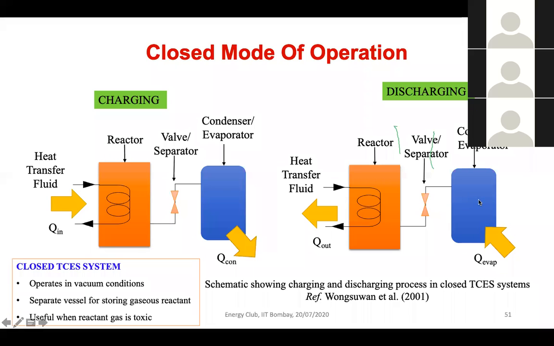Now this water will evaporate and go into the reactor, which now has SrBr2 without any water. This water coming from the condenser will react with SrBr2 again, and it will regain its original properties. This is the mechanism used.